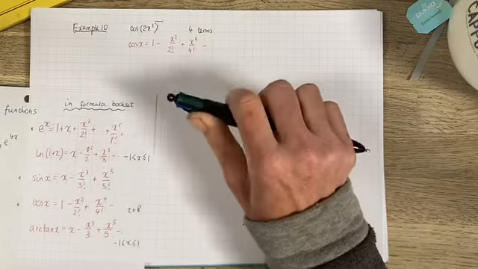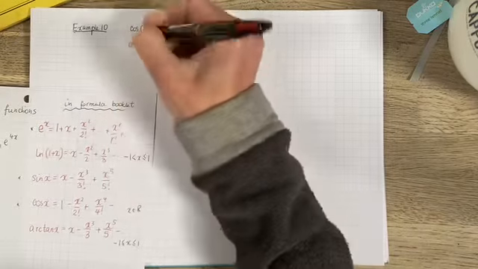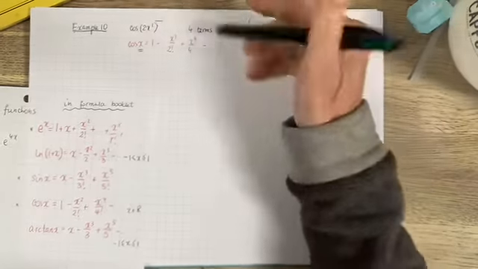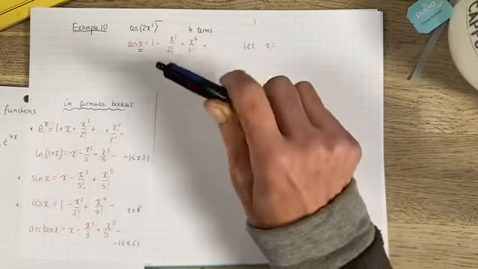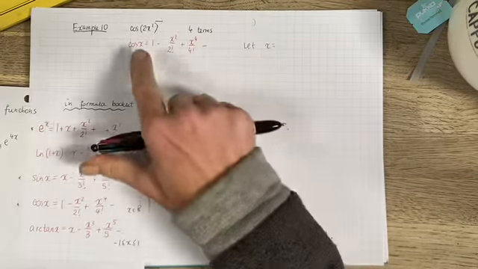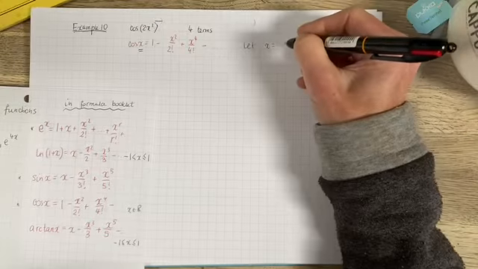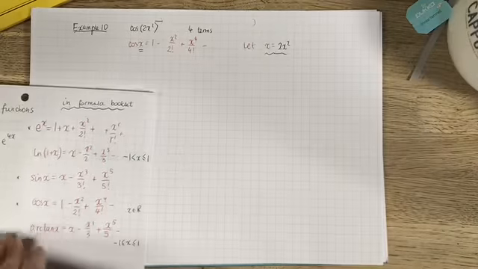So if we want cos 2x squared, we've got to replace the red x with 2x squared. If you are going to do it in the exam, maybe use capital X here, and then say let capital X equal 2x squared, as long as it's obvious what we're doing.